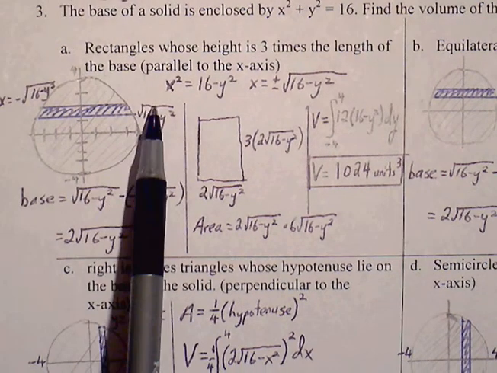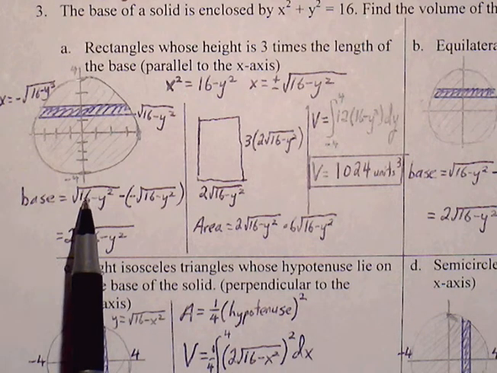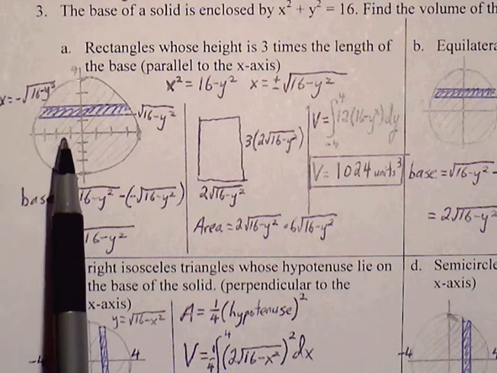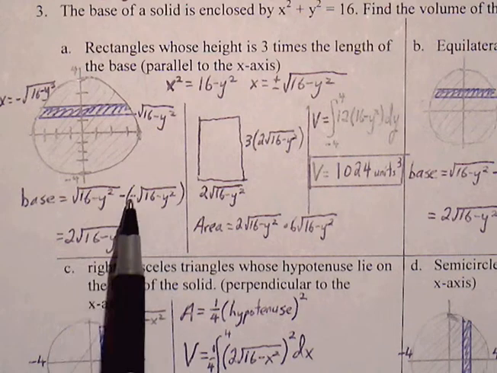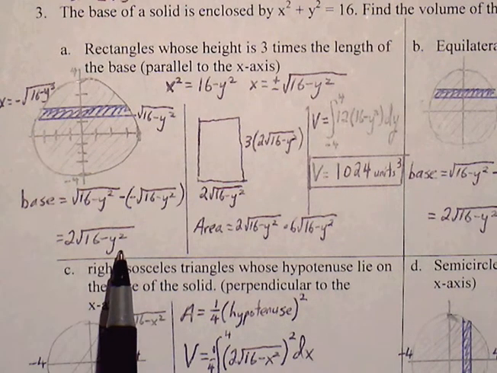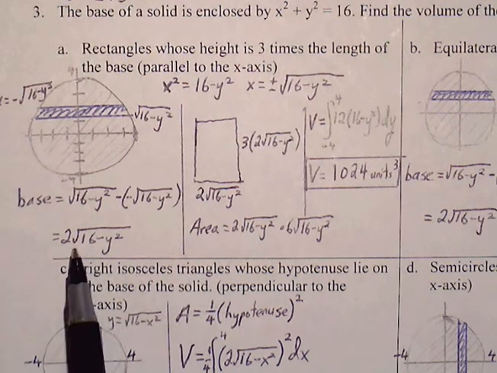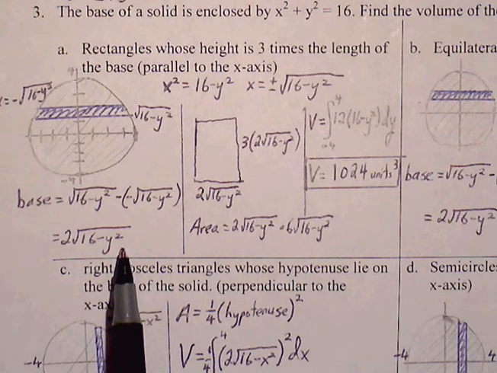So if we do right minus left, we'll simply get root 16 minus y squared minus the left endpoint of the base, which is negative root 16 minus y squared. So the two negatives cancel out. We get 2 root 16 minus y squared. Okay, and so now this will represent the base of our rectangle.